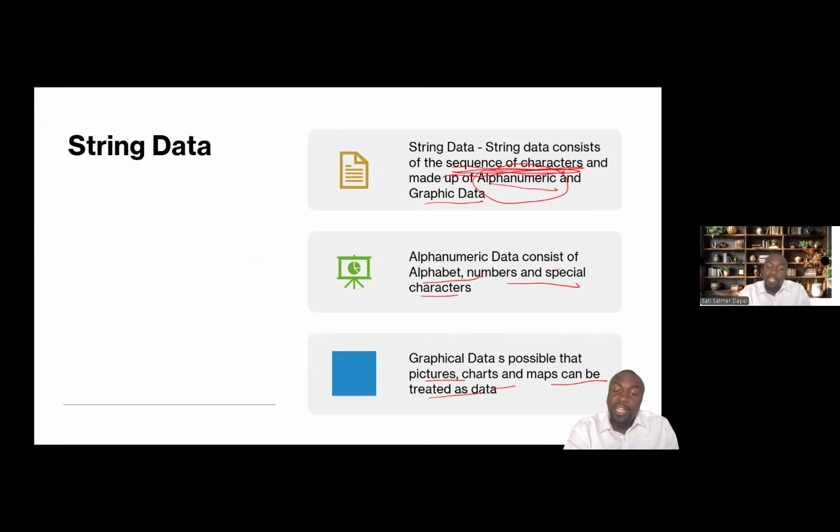Now, when you're talking about pictures, charts and maps, when it relates to graphics, we are basically talking about pixels. You see, it's just these dots. All these dots you put together form an image, it's pixels.